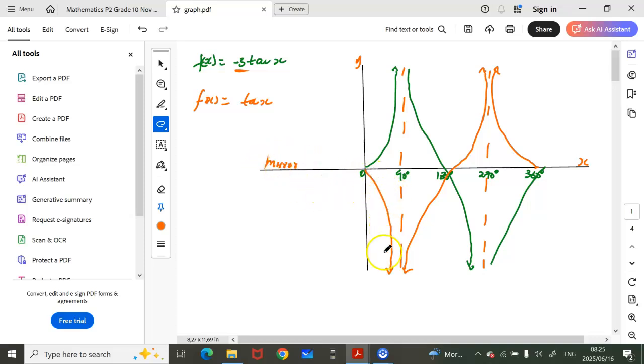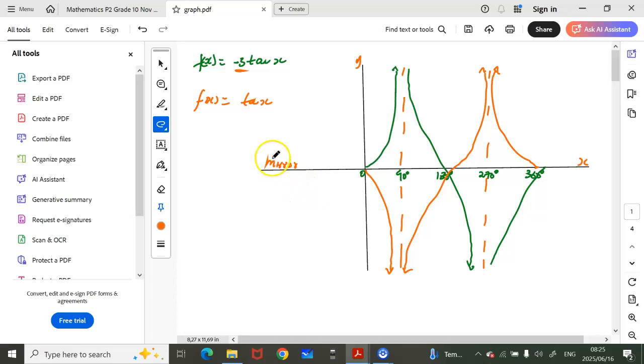If you look at this orange graph in a mirror, it will give you the green one, because this will be acting as a mirror. If you go and look at yourself in a mirror, you'll see what I'm talking about. What you see on the bottom, you'll see upwards there.